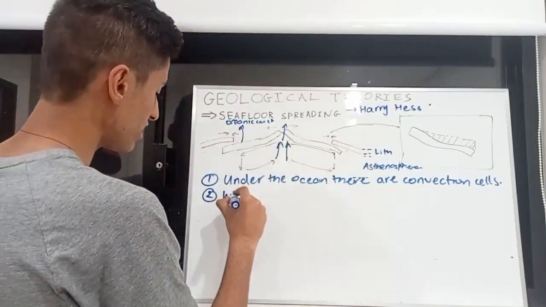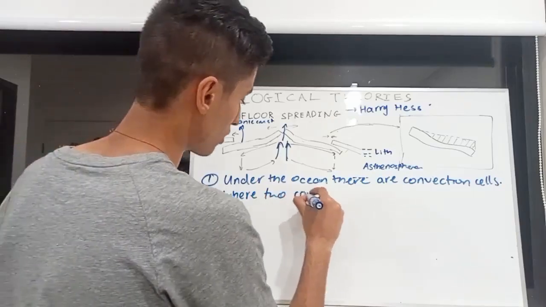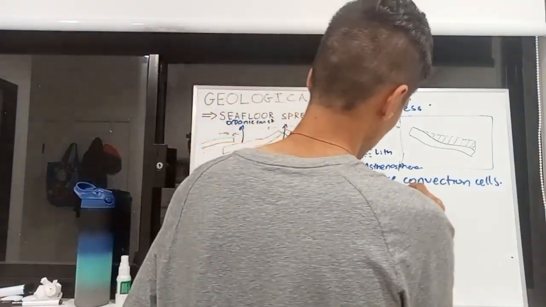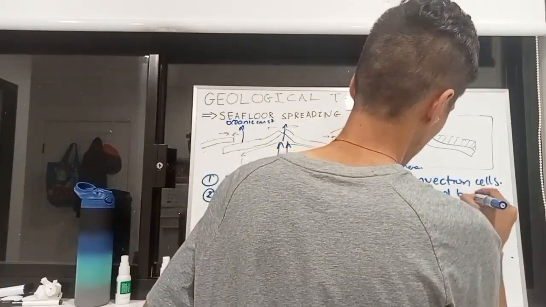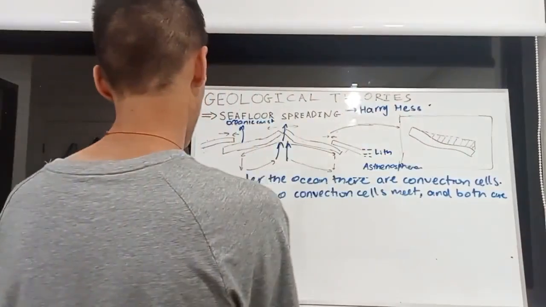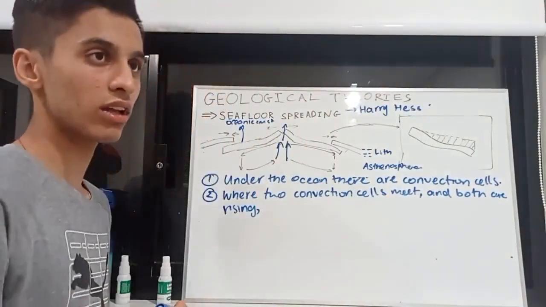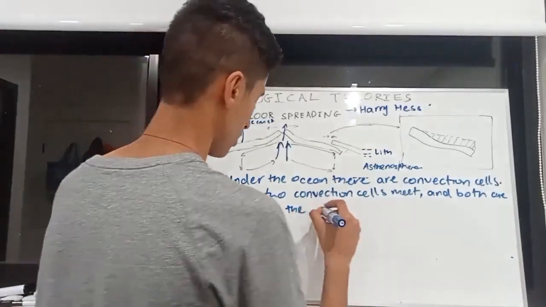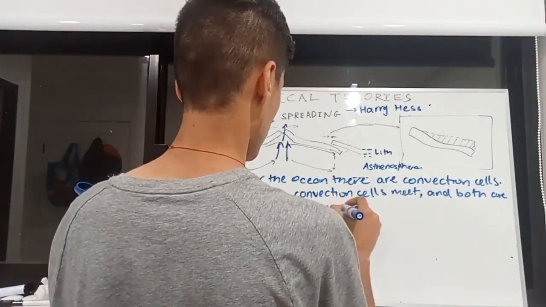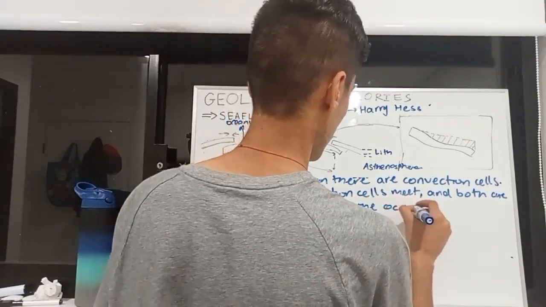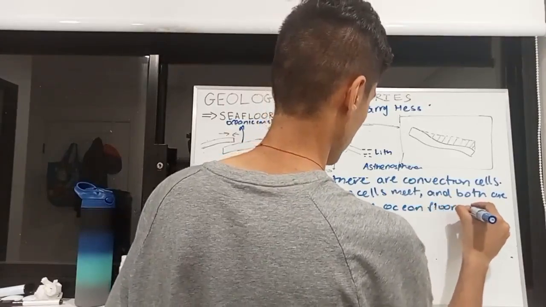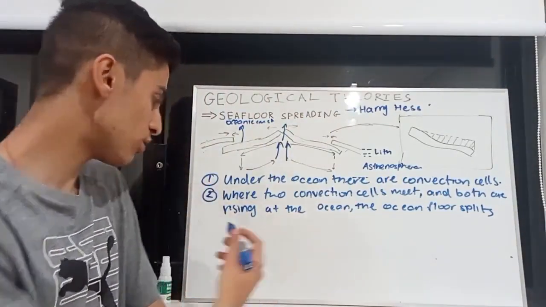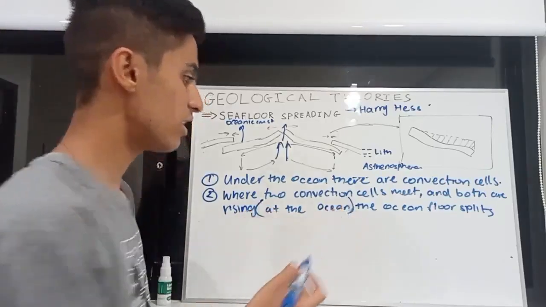So we can say that where two convection cells meet and both are rising at the ocean, the ocean floor splits.